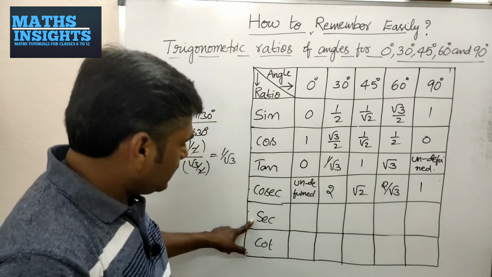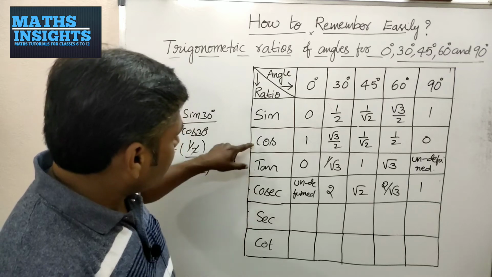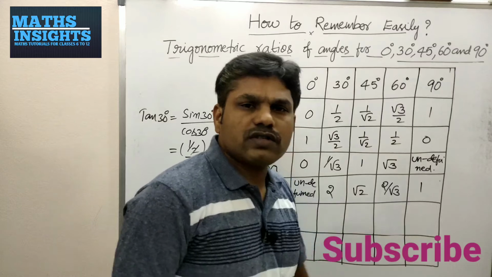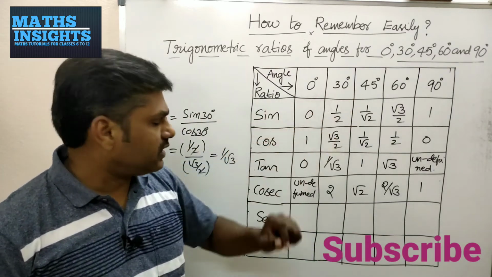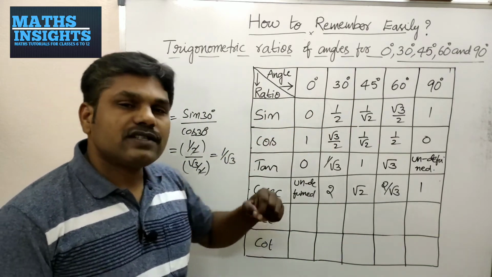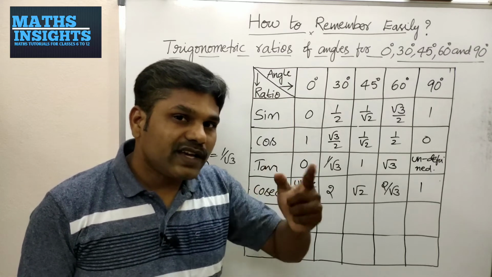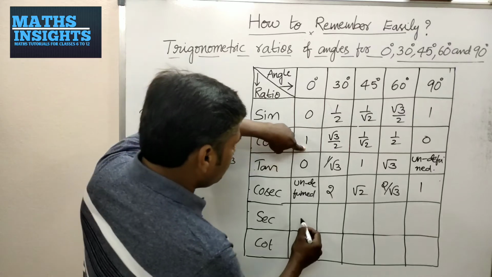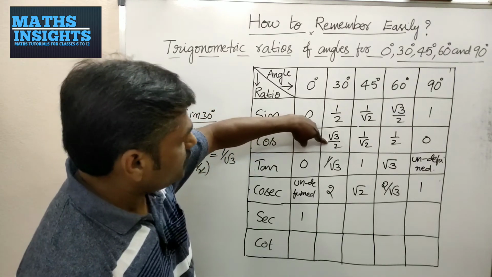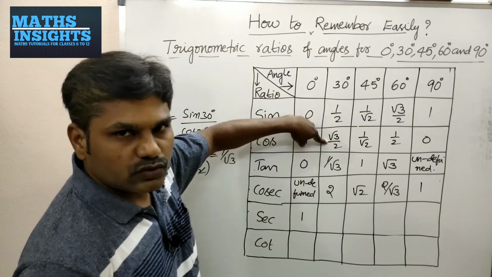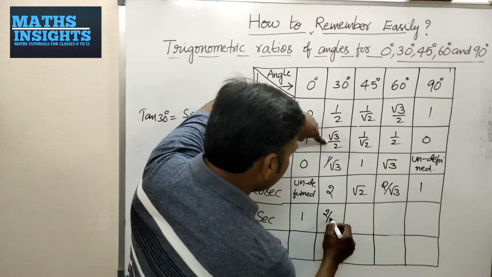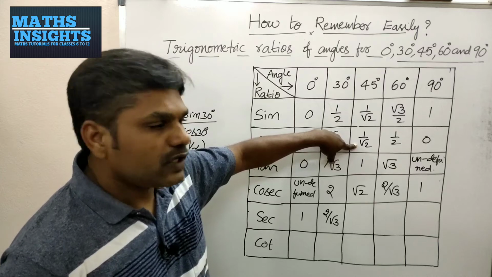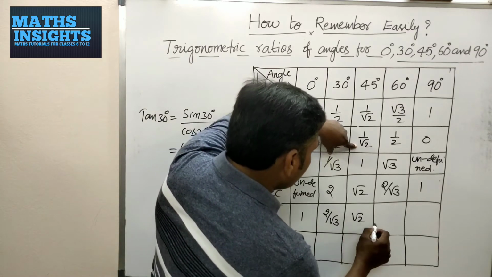Secant, this is the fifth one. Secant is the reciprocal ratio of cos theta. You know the values of cos theta for all these angles. Therefore, secant 0 is 1 by cos 0, that is 1 by 1, which is 1. Next, 1 by root 3 by 2 will become 2 by root 3, and 1 by 1 by root 2 will become root 2.